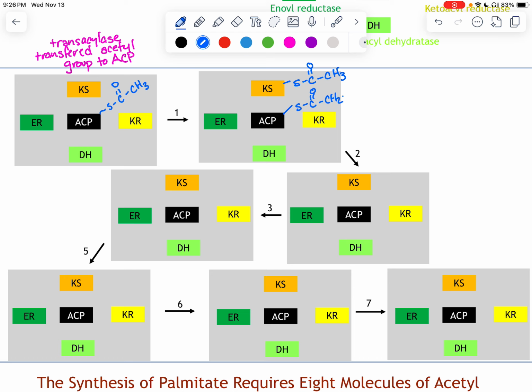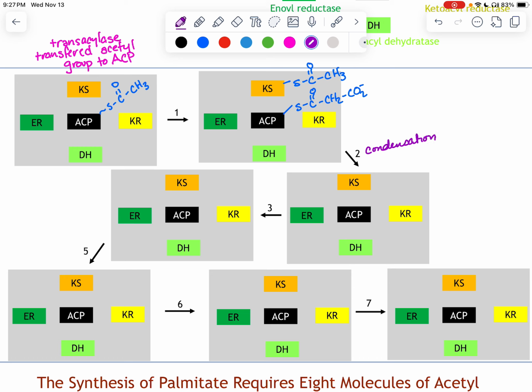And remember, that will have my CO2 minus, my carboxylate group here. So now we have both of these things near each other. All right, and then we're going to see a condensation reaction occurring.